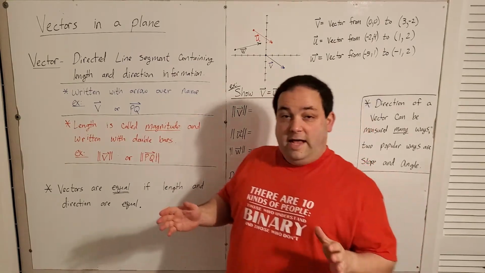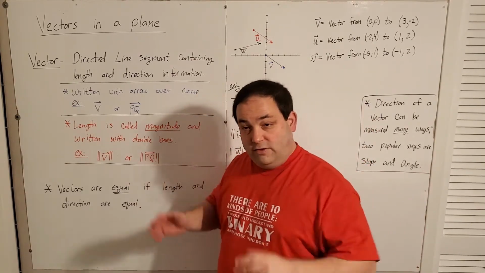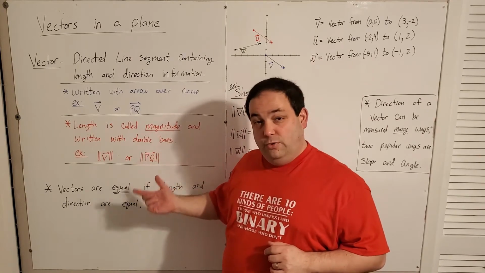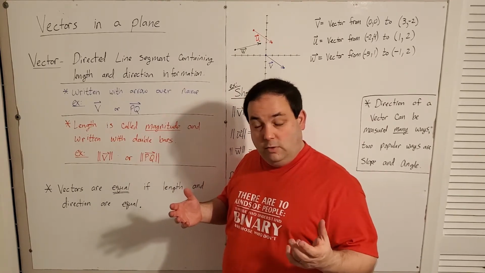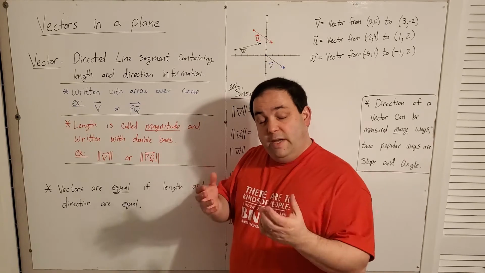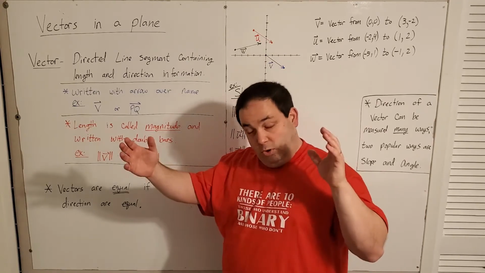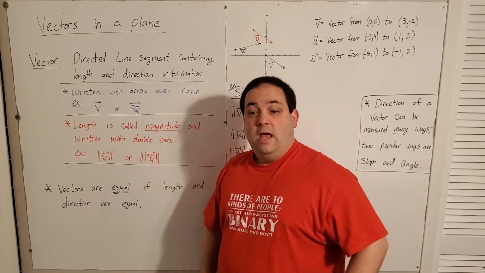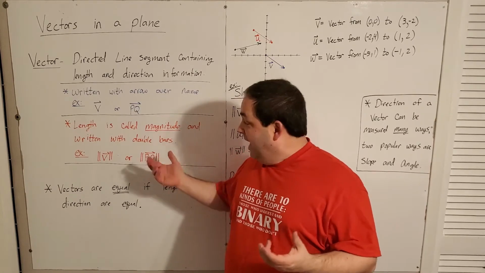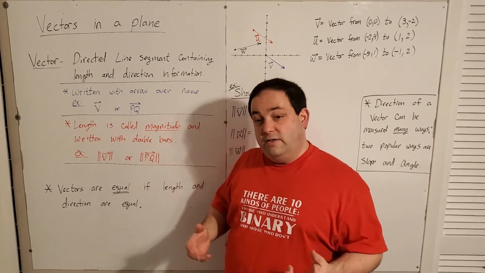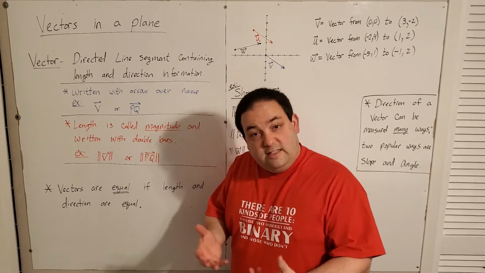Now the length has an actual name in vector terminology. We call it the magnitude or the size of the vector, okay? This can be geometrically viewed as the actual length of the line segment, and realistically, the magnitude or the length or the size of the vector is how much stuff it's carrying with it.